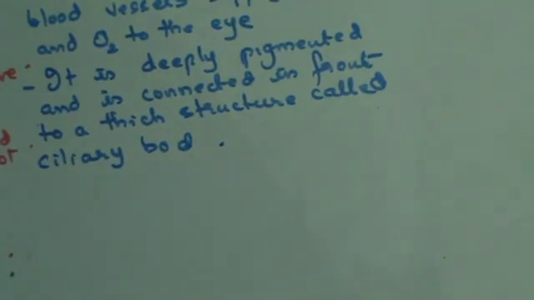So the front portion of this layer is your ciliary body.